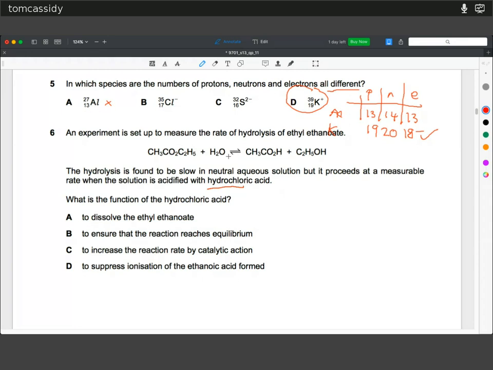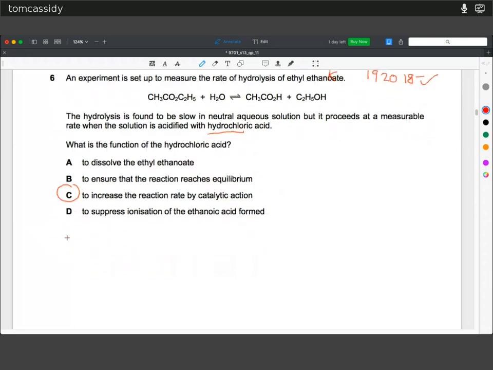There's no hydrochloric acid there. So it's not one of the reactants. And if it's not a reactant, but it's increasing the rate of the reaction, well, that's GCSE knowledge, that must be a catalyst. So we're increasing the rate of the reaction by adding a catalyst, hydrochloric acid.